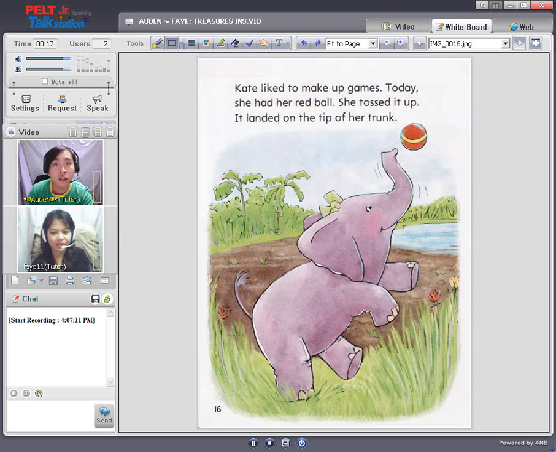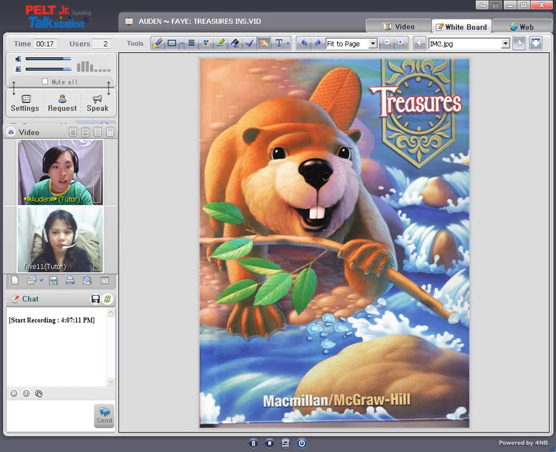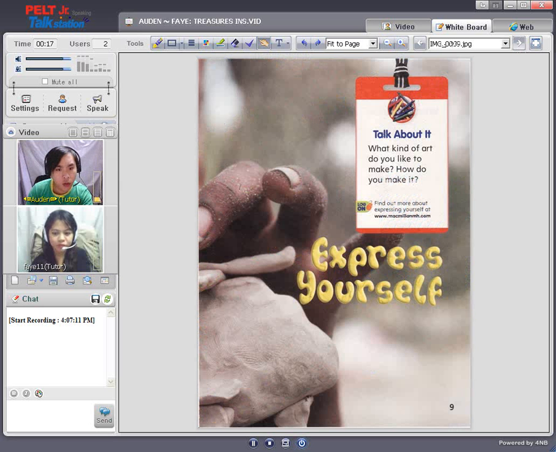The same routine. You have your reading and practice your pronunciation and your fluency in reading, and then of course, if there are some words that are not highlighted and they can't understand, or expressions, you can explain to them why and how or when to use it. This is Treasures 1.5.